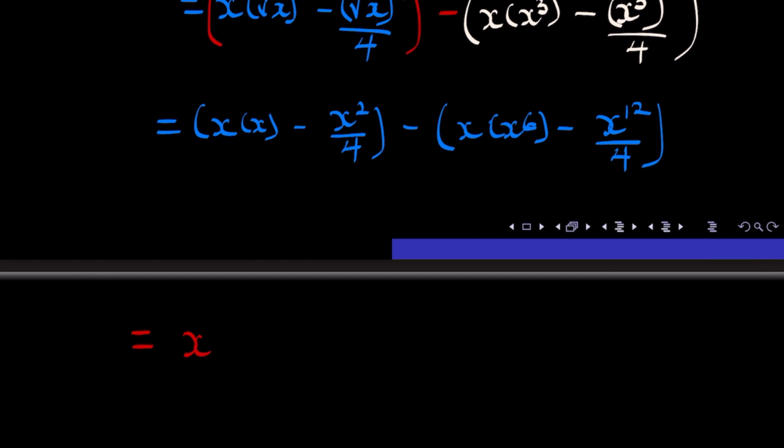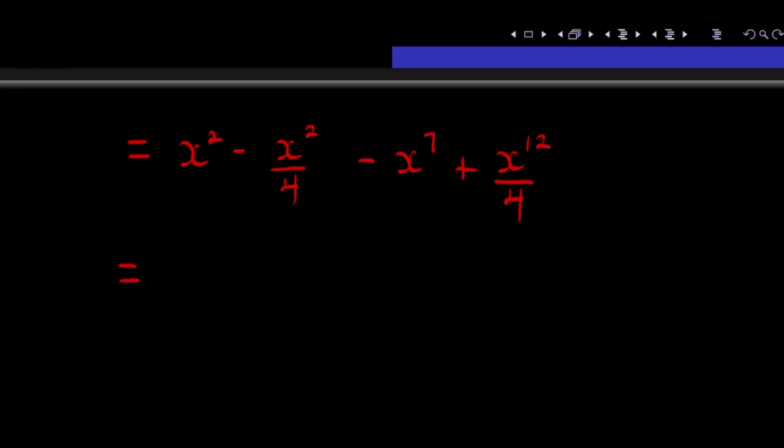Simplifying this gives x squared minus x squared on 4, then minus x exponent 7. So minus will give us plus, so that will be plus x exponent 12 on 4. Let's simplify by adding like terms. So here we are going to have 3/4 x squared minus x exponent 7 plus x^12 on 4.